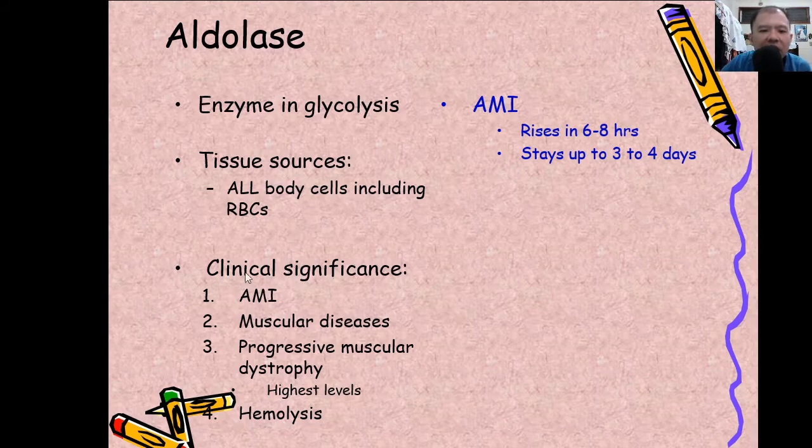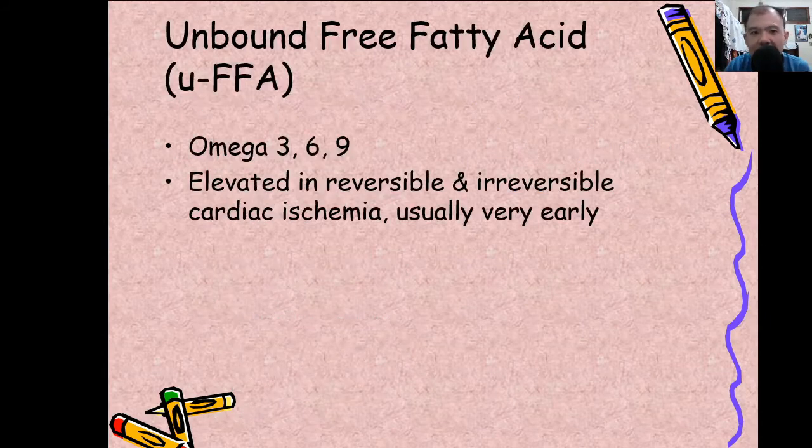It is elevated in acute MI and muscular diseases, progressive muscular dystrophy, which is highest in this case, and also false positive in a hemolytic specimen. In cases of MI, it rises in 6 to 8 hours and stays up to 3 to 4 days.